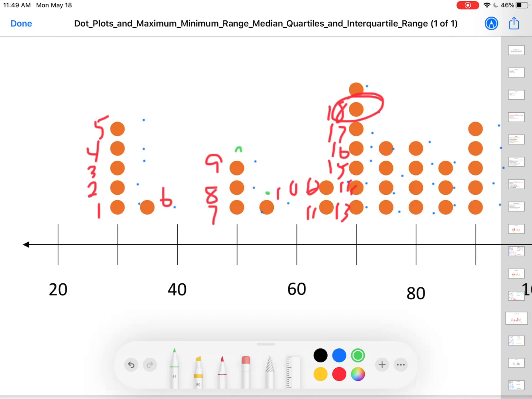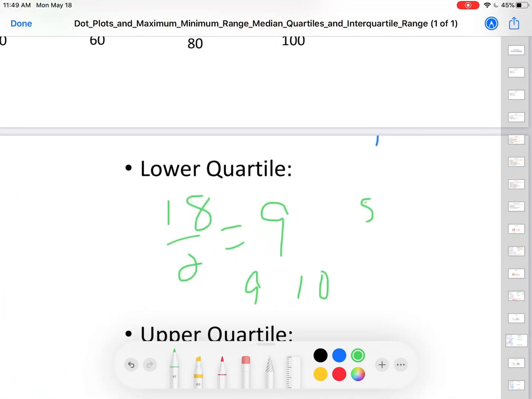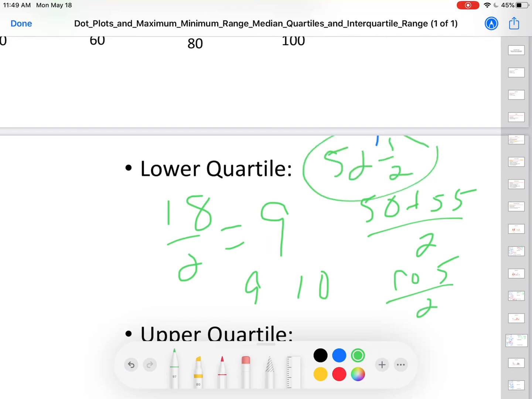Here's the 10th dot. Draw a line right between them. This is 50. This is 55. You want to know halfway between 50 and 55. 50 plus 55 divided by 2 is 105 divided by 2 is 52 and 1/2. And that's the lower quartile.